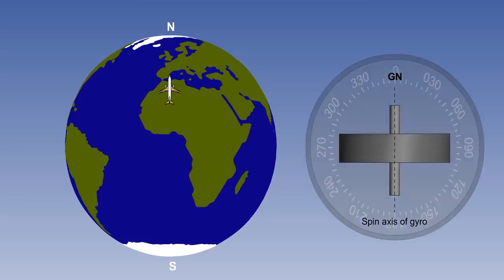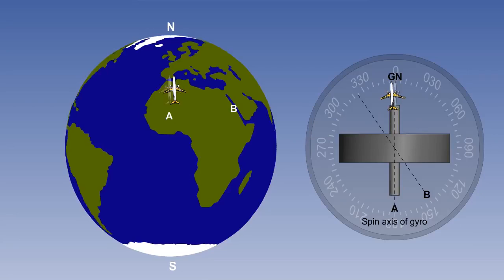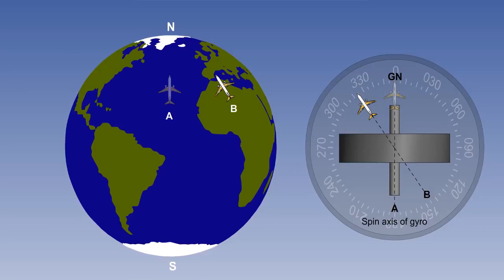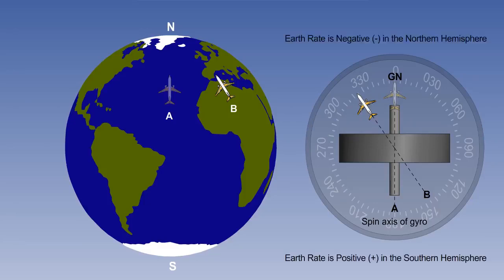If we now attach a compass rose to the spin axis of the gyro, we will see that while the Earth is rotating on its own spin axis, the gyro spin axis remains in a fixed direction in space. So we can see that in this particular example, where the aircraft is in the Northern Hemisphere, the direction of true north in relation to our gyro north appears to decrease.